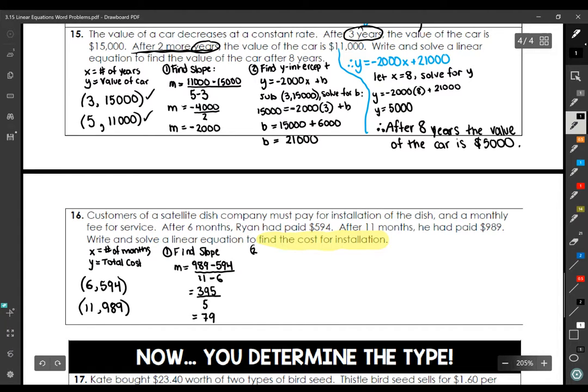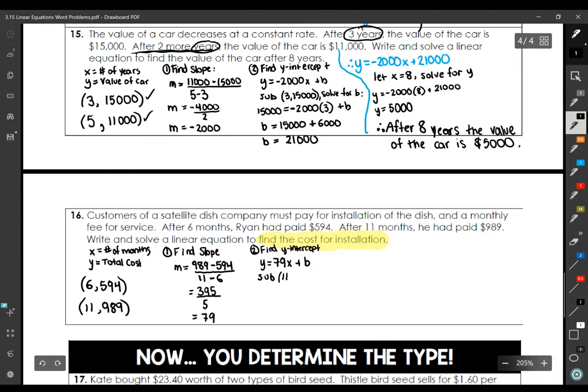So now, we're going to find our y-intercept, our b value, or our initial fee. So again, I have my partial equation, and I sub one of the two data points in. It doesn't matter which one I choose. So I'll sub in the second one this time.